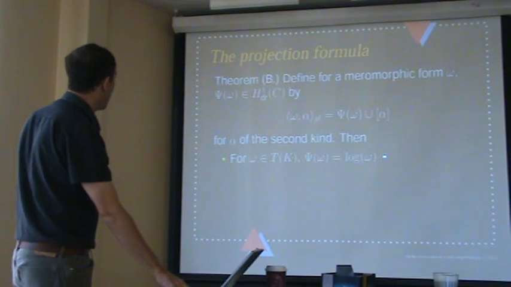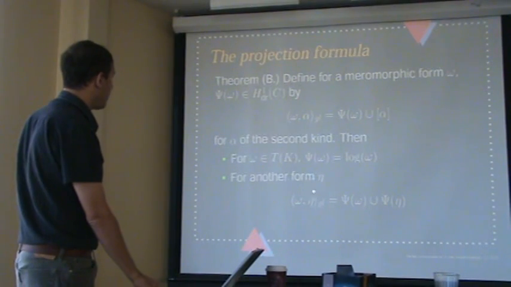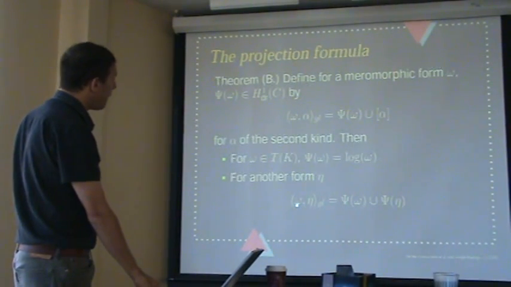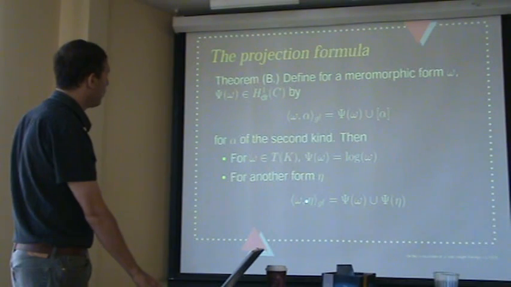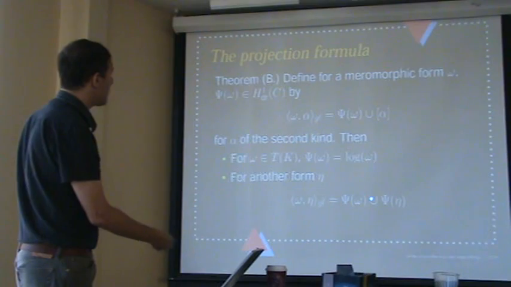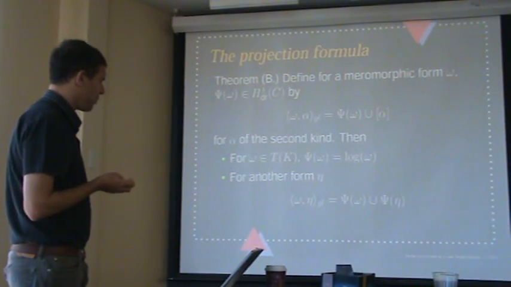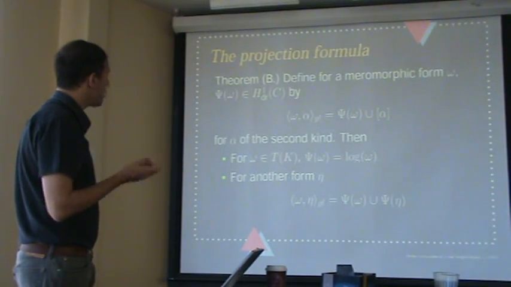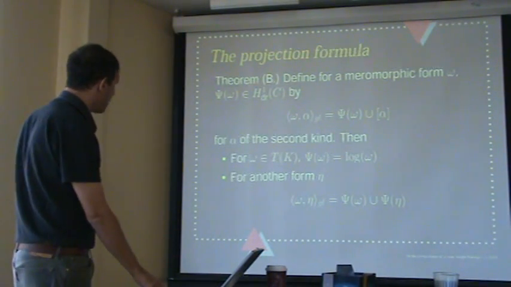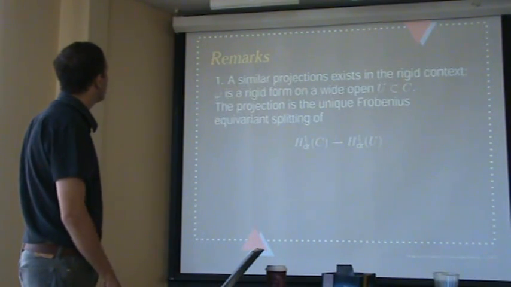The second thing is a formula that says that if I take any two forms, omega and eta, the global index of omega and eta is the same as the cup product of psi of omega and psi of eta. This is a generalization, and all of this is somehow inspired by the paper of Coleman on reciprocity laws on curves, but it's more general. And I guess it's both more general and the proofs are simpler eventually.